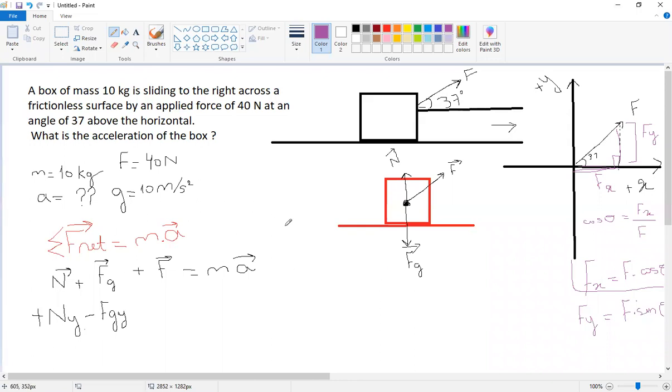Okay, let's write them down. If this is F, this one here is Fx, and this one here is Fy pointing upwards.